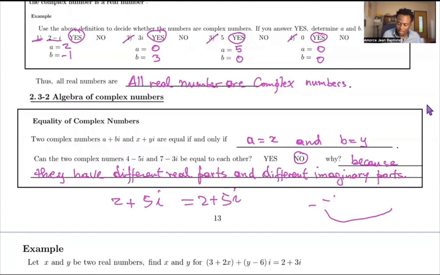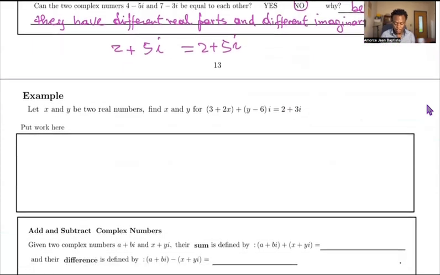So they have to have the same real parts and the same imaginary parts.